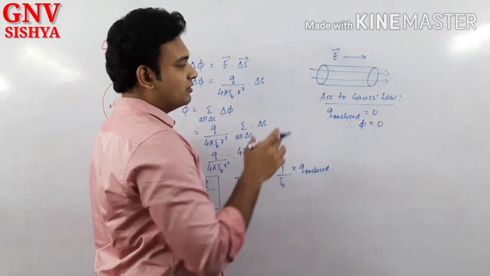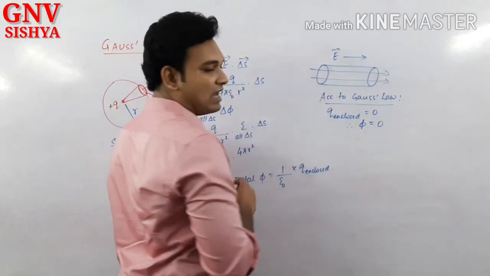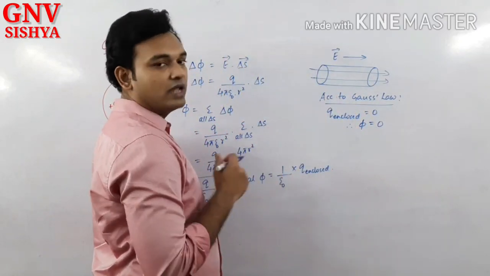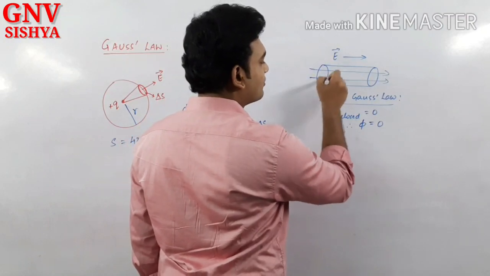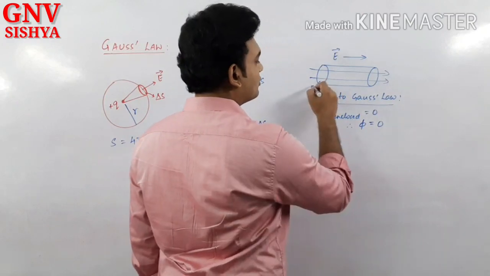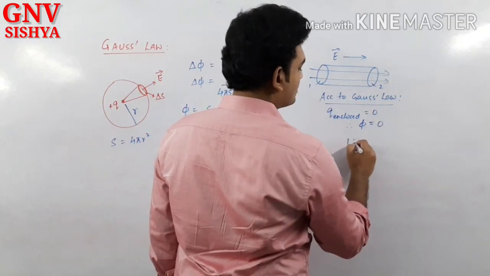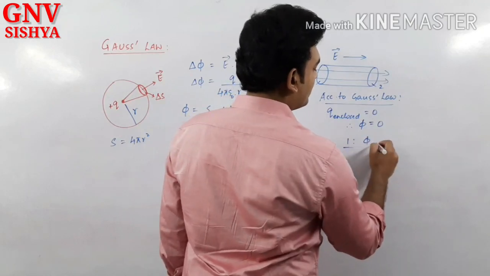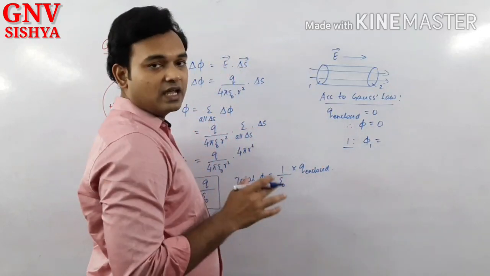Here you can notice one thing. If you don't apply Gauss law and you want to evaluate, how do you do that? The flux lines are going in for this surface and flux lines are coming out of this surface. If you take this as surface 1 and this as surface 2, for surface 1, what can we write? The flux that is going inside is generally taken as negative.